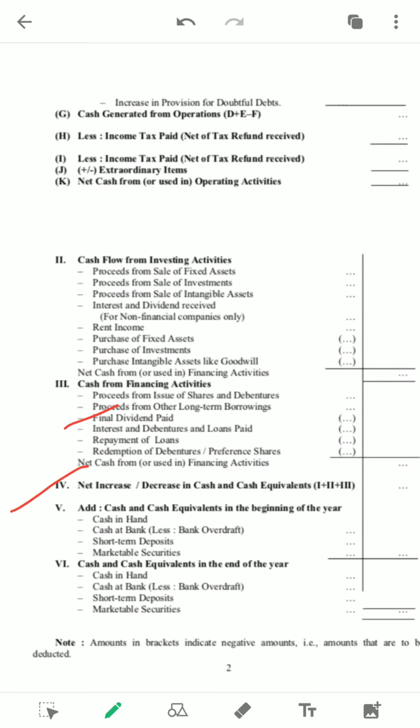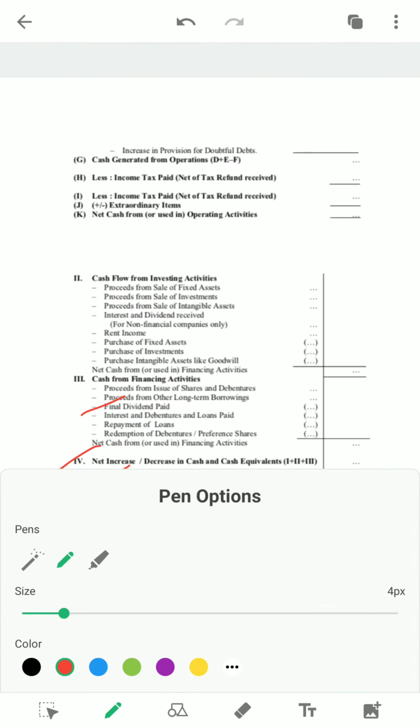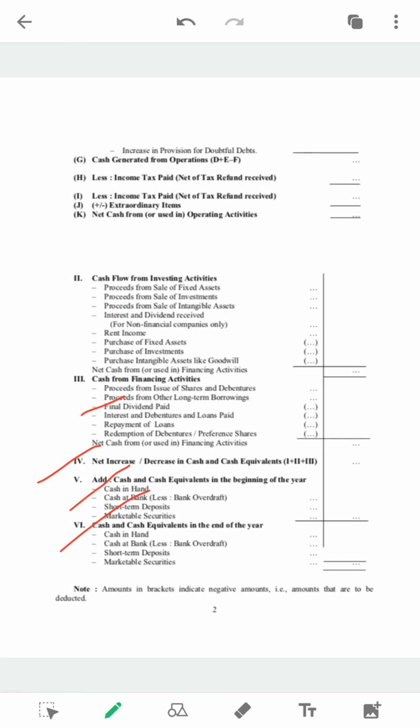After adding all these three parts, you need to add the cash and cash equivalents at the beginning of the year. Where will we find it? We will find it in the balance sheet. The opening balance of cash and bank, both will be added here, and you will get the closing balance.